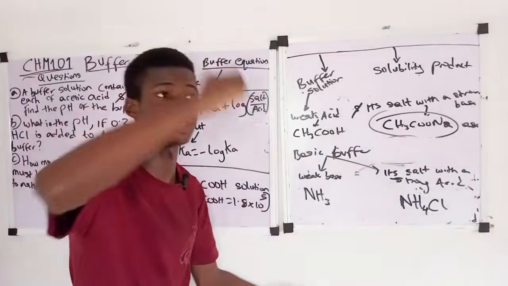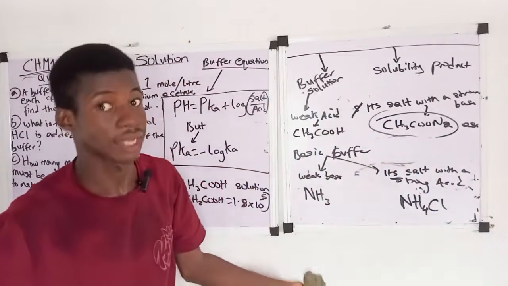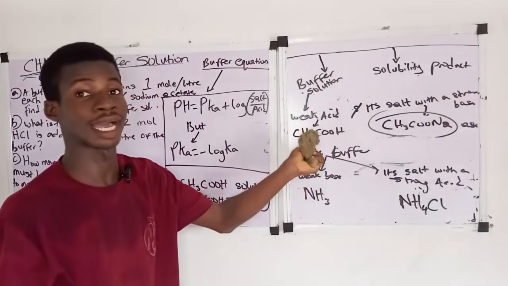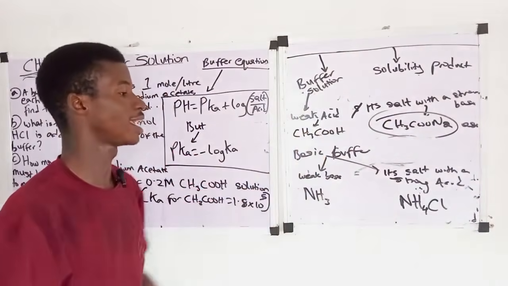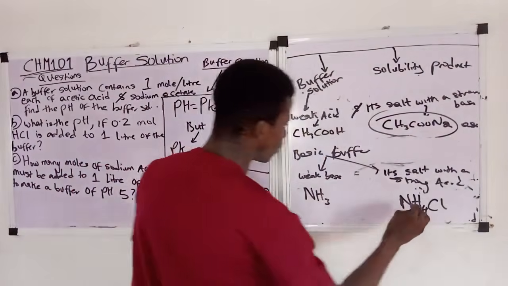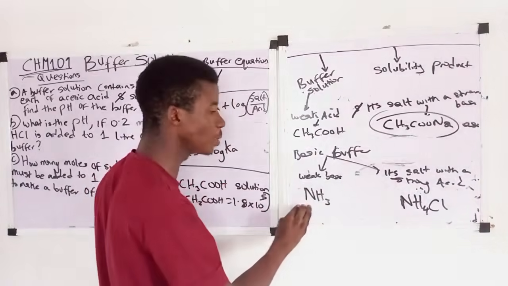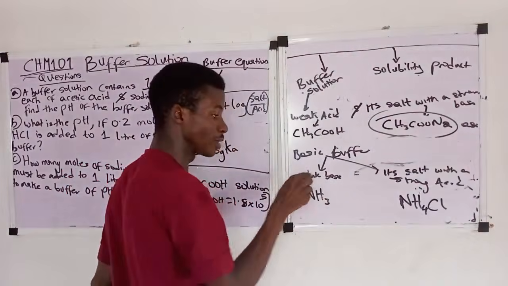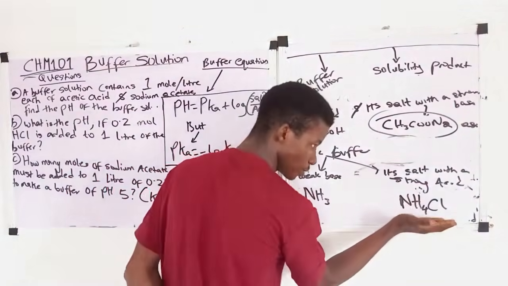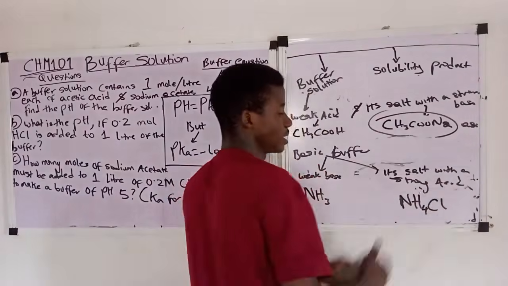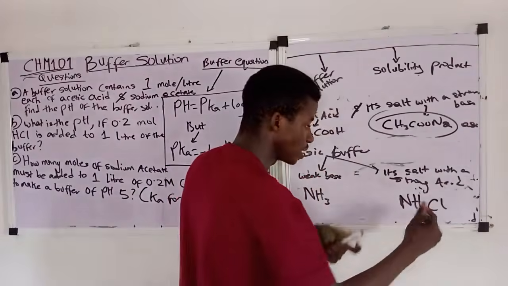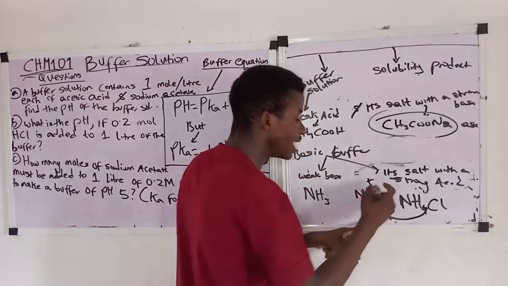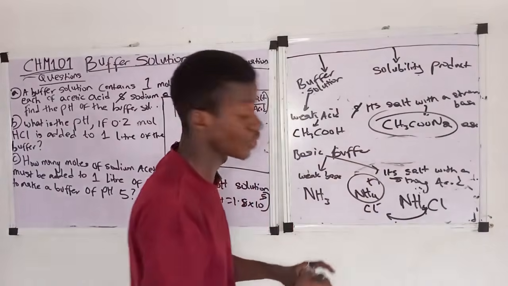Salts are formed when the hydrogen ion in an acid is replaced by metallic ions, right? Yes. So this is a salt of acetic acid, while this is a salt of ammonia. Remember, I told you that a basic buffer contains a weak base and its salt with a strong acid. So this salt contains the ammonium ion and the chloride ion, and this ammonium ion is a strong acid.